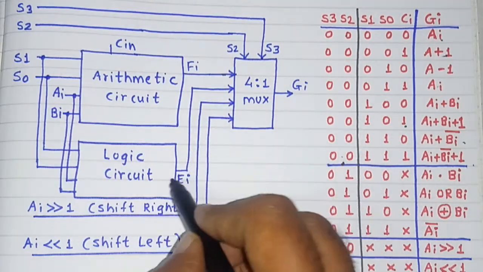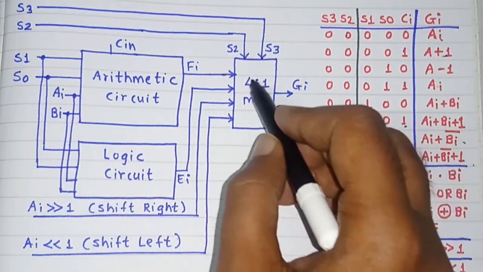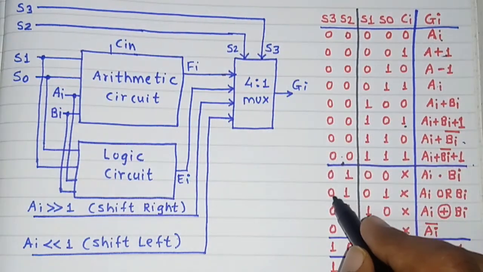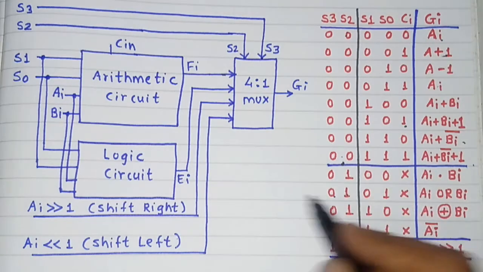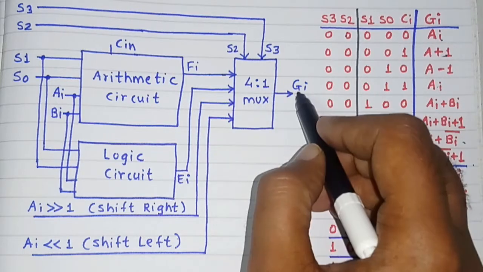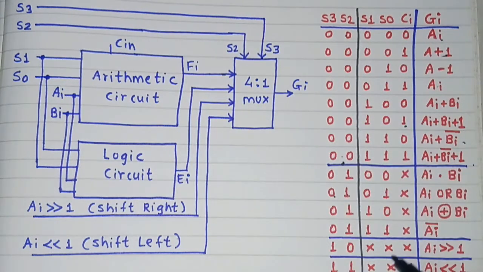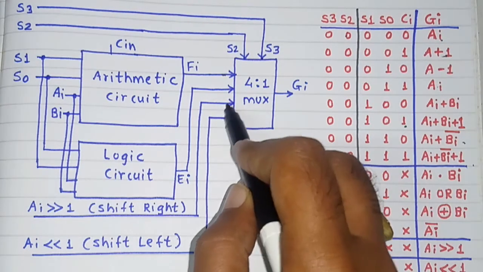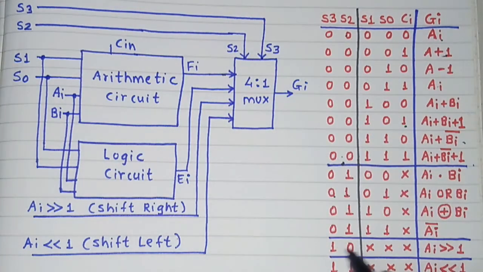To transfer this logic circuit output at the output of this 4:1 multiplexer, the S2 and S3 lines should be made 0 1. Then only the logic circuit output will be transferred at the output of this multiplexer, that is GI. Finally, to transfer the right shifted data or left shifted data, S3 S2 should be made 1 0 for the right shifting operation and 1 1 for the left shifting operation of the A value.